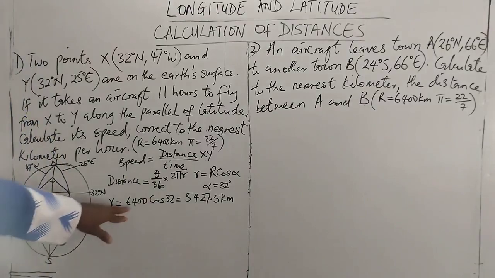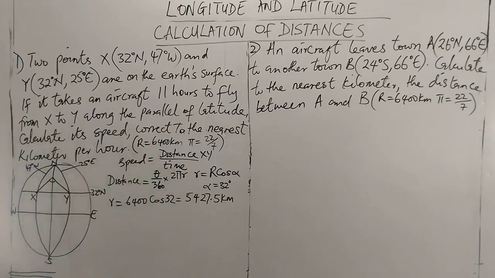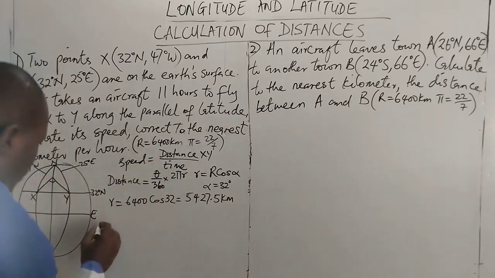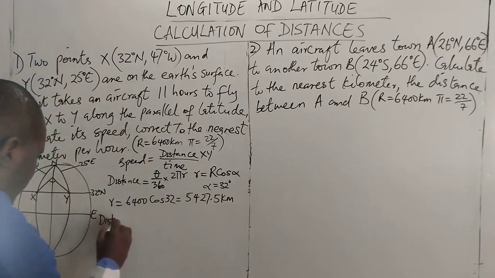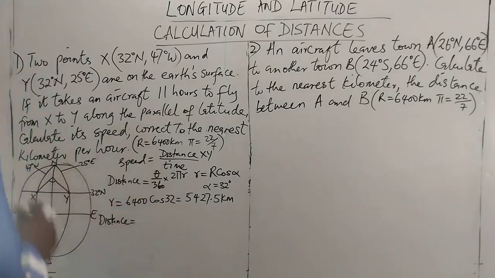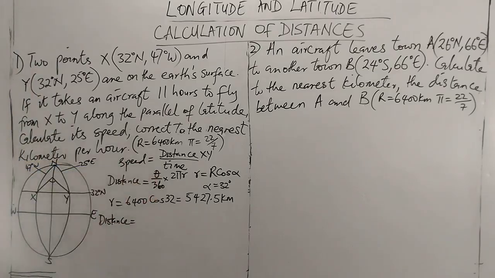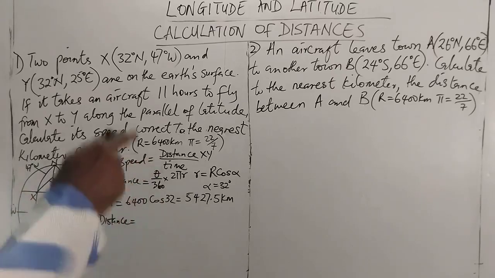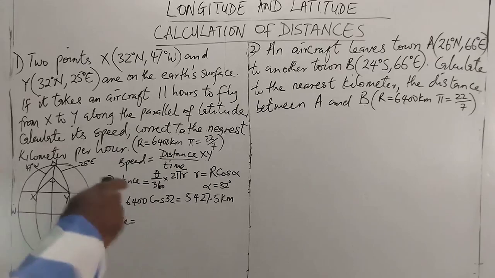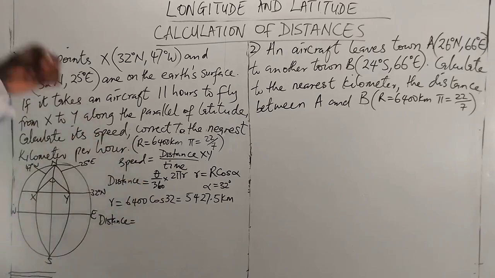Then, having found the small r, we will now go to the formula proper. That will give us distance equals theta. What does this theta represent? Please listen. Anytime you discover that the two points are on the same latitude, your theta means difference in longitude.